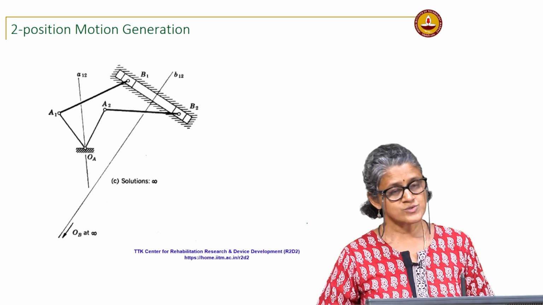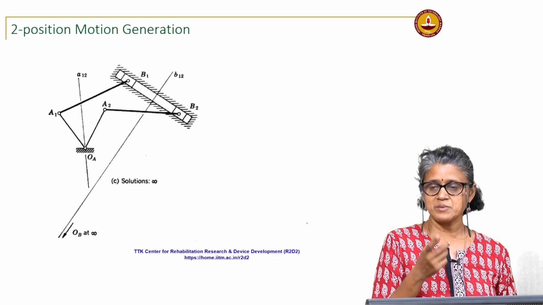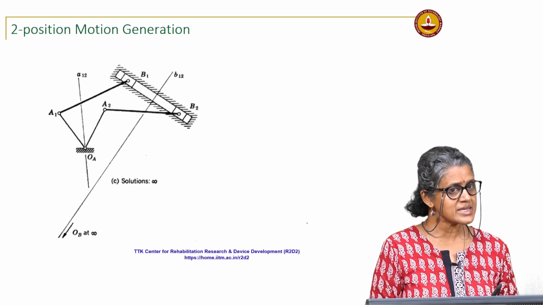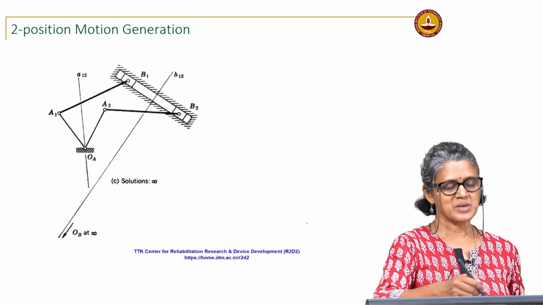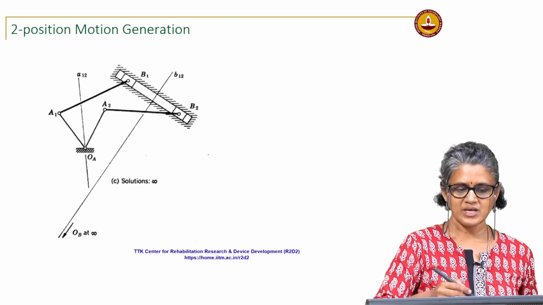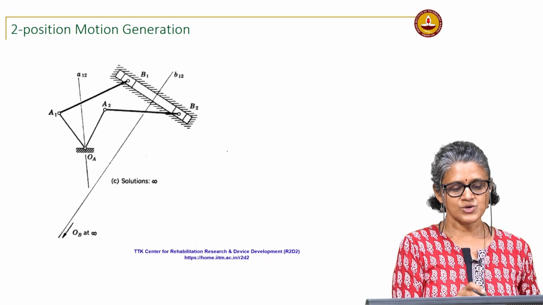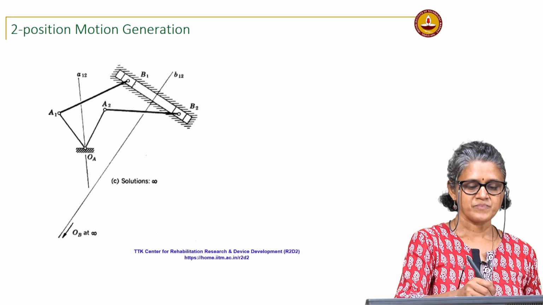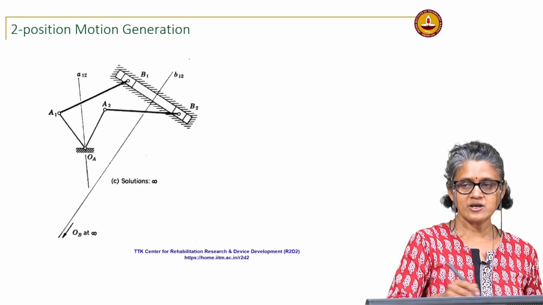I could also choose to do this with a slider crank. Remember, the slider crank is only a limiting case of a 4 bar. So, that means in this case I say B1 B2 is my path, my straight path in which the slider block will move. Okay. So, here I have B1 and B2, I draw the perpendicular bisector.